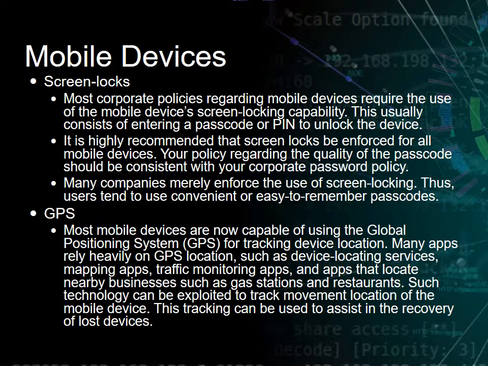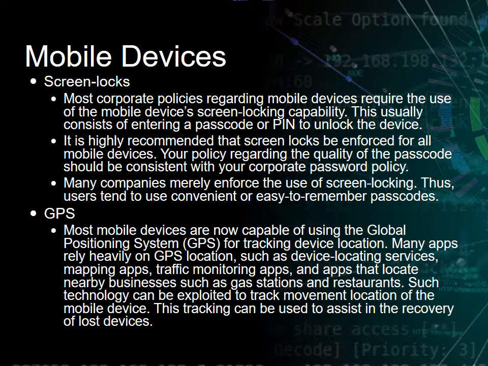Another important thing is your GPS in your phone. Most mobile devices are capable of using GPS these days for tracking device location. Many apps rely heavily on the GPS location, such as Google Maps or any kind of Google search will use your current GPS location if it's available to bring up ads or searches relative to where you are located at that time.